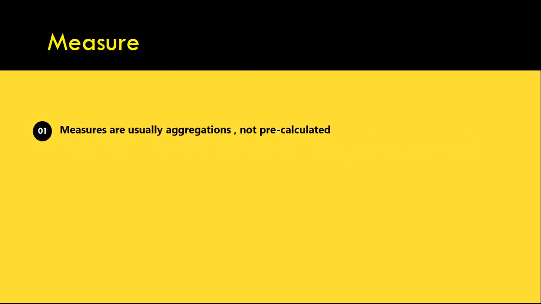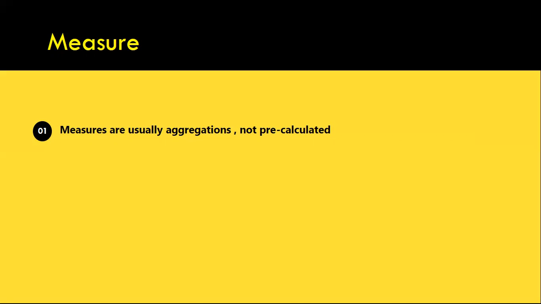Now the next one: we basically use measures to perform aggregations. For example, you want to find out the sum of sales amount, average sales, and count of transactions in a given data set. It is not pre-calculated like a calculated column. You cannot see the calculated values in a table.